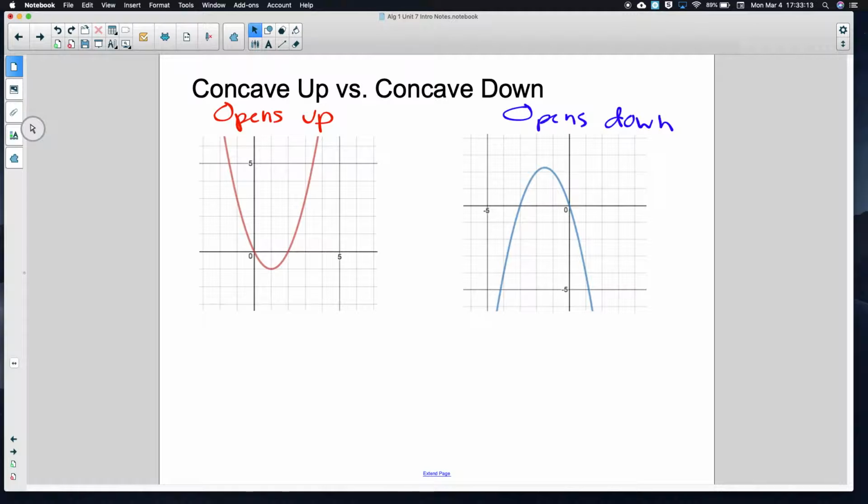So concave down, frown. So if your parabola opens up, your vertex is the minimum of the graph. It's the lowest point. If your parabola is concave down, then your vertex is going to be the maximum. It's going to be the highest point of the parabola.